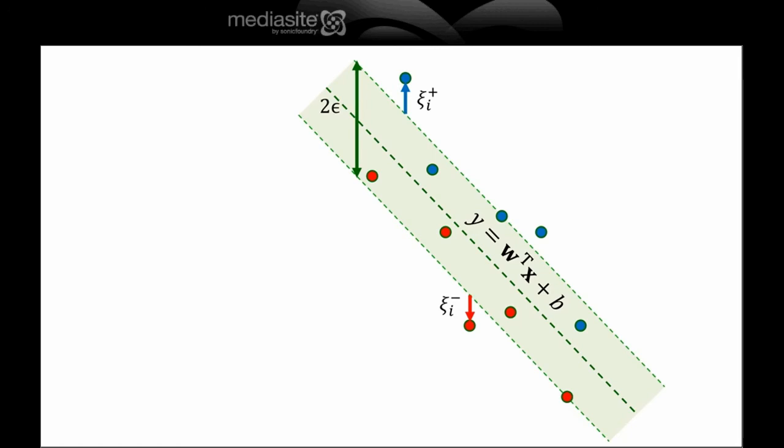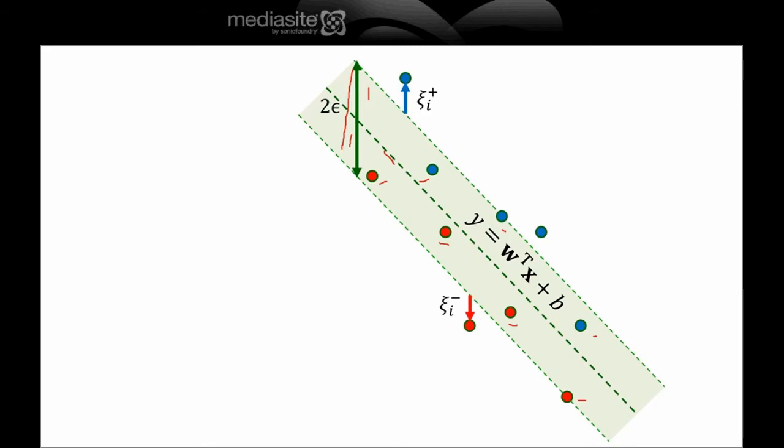Now, as with support vector classification, we have a bound around this hyperplane that we want to fit, and this is the tolerance, plus epsilon and minus epsilon, so that's 2 epsilon. Within this tolerance zone, all these points, including these points which are exactly on the margin, we incur no penalty.